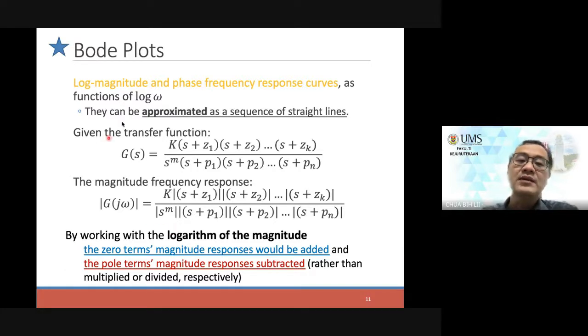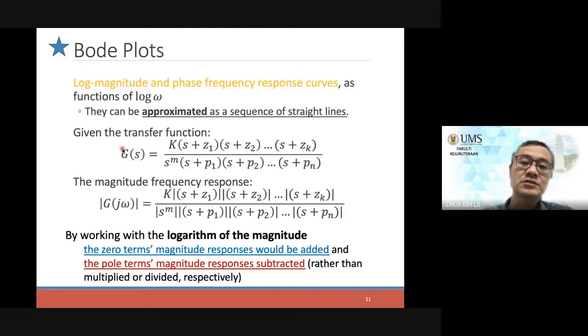The log magnitude and the phase frequency response curve can be given as functions of log omega, as I've mentioned previously. In the graph, the x-axis is in the log omega form, and from there we can approximate those relationships as a straight line. When we use log, they are somehow related with exponentials, so that's why we can draw a straight line over there.